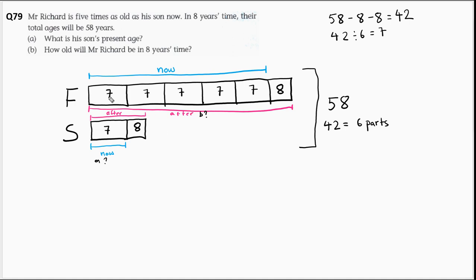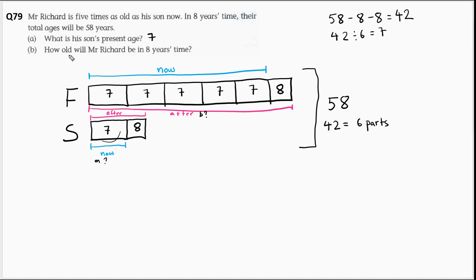Okay. We now have values for all of the parts of our bar. So let's go back and look at what it is that our questions are asking us. Okay, question A, what is his son's present age? That's now. Let's go look at our bar, and we've got that label there that's now. So the answer to that, nice and easy, is 7.